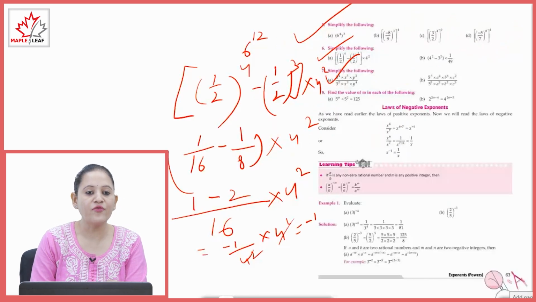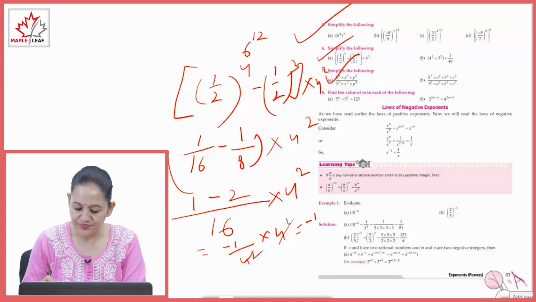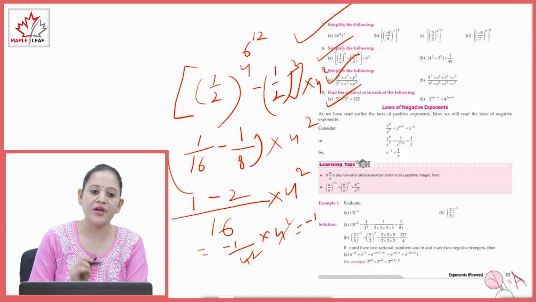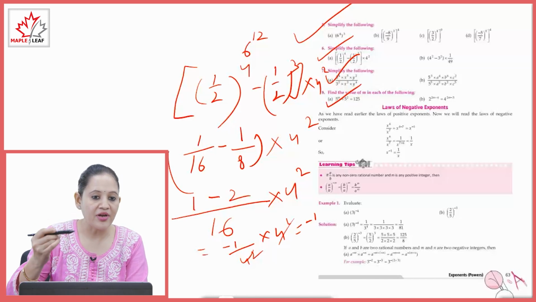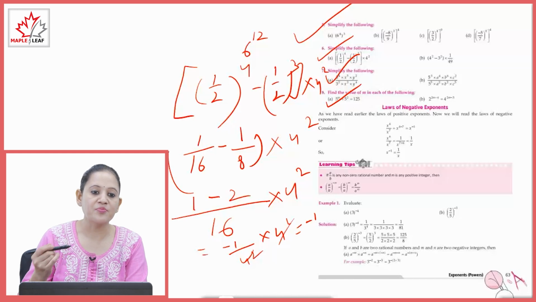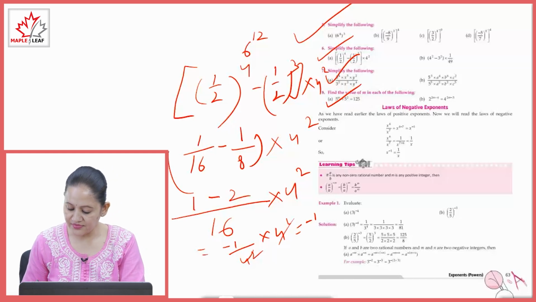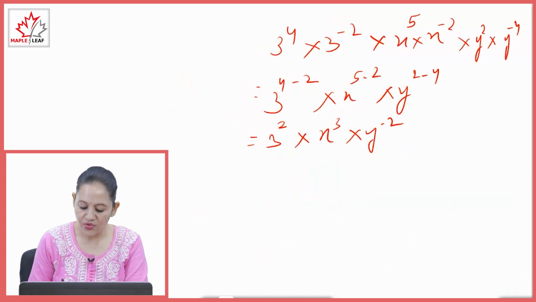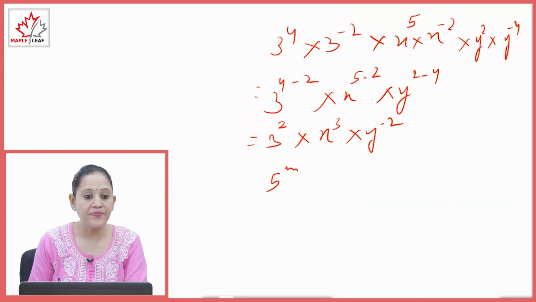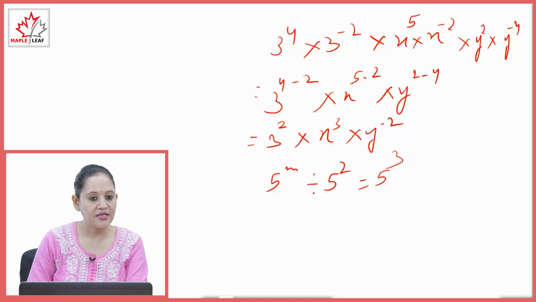Next, find the value of m in each of the following. We have to find the value of m. 5^m divided by 5^2 equals to 125. So 5^m divided by 5^2 equals to 125 का हम लिख सकते हैं 5^3.